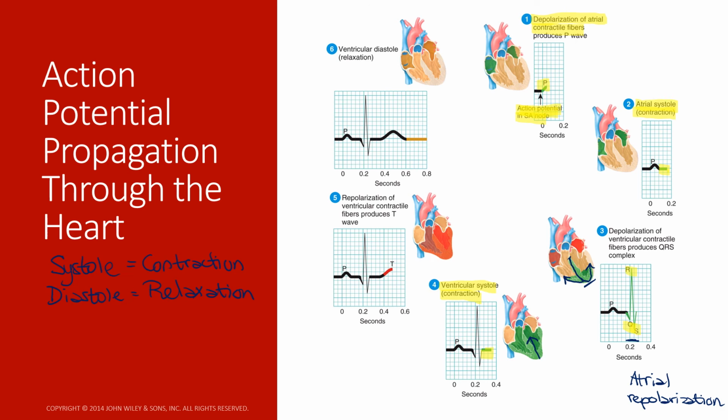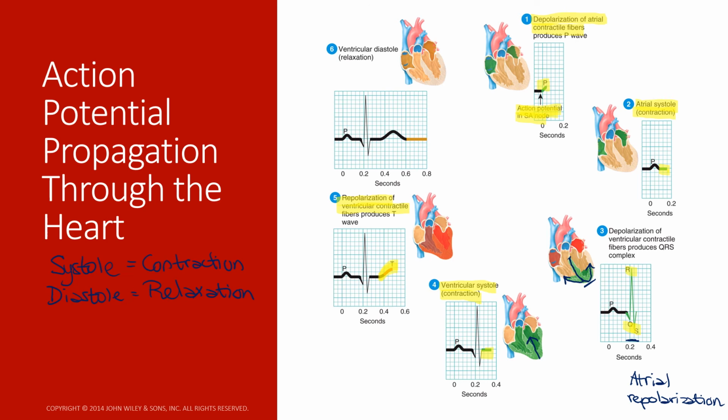Next, we have repolarization of the ventricular contractile fibers, and it's going to begin at the apex of the heart and spread throughout the ventricular myocardium. So this is where we have repolarization. And this produces the T wave in the EKG.